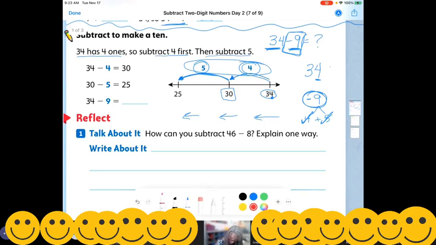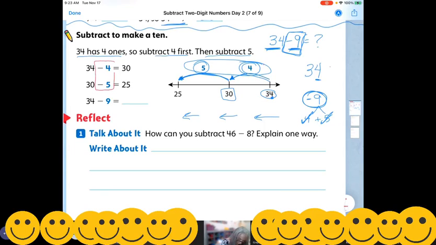With your pencil, I would like you to come over here, and I want you to put a rectangle around the 4 and the 5 in those equations to the side. These steps are: step 1, solve 34 minus 4 and get 30.